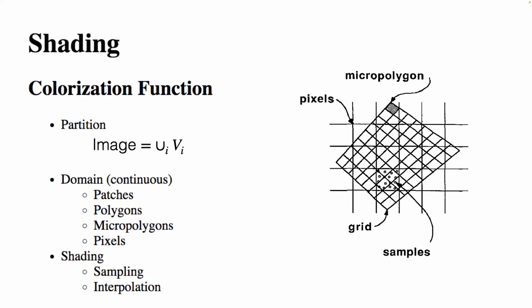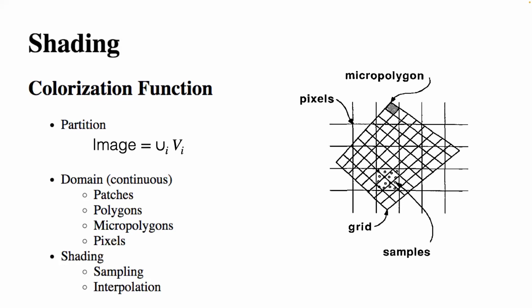We assume that we have a continuous geometry in the scene that's projected to the screen, and then you have to break this into pieces. Depending on the geometry, this could be either surface patches, polygons, micropolygons, or pixels.